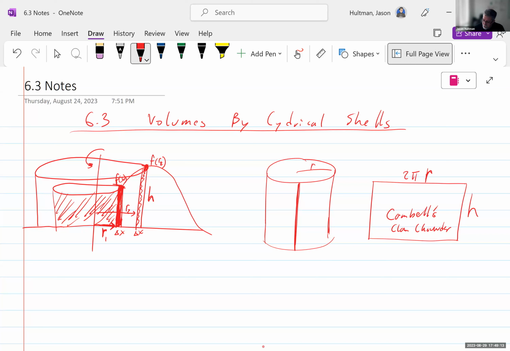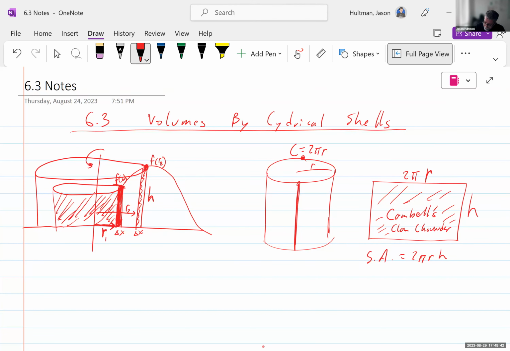So Campbell's clam chowder there has a surface area of 2 pi r h. That makes sense? Because the circumference is 2 pi r, and that's the perimeter around the cylinder.